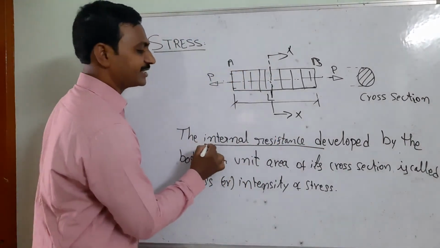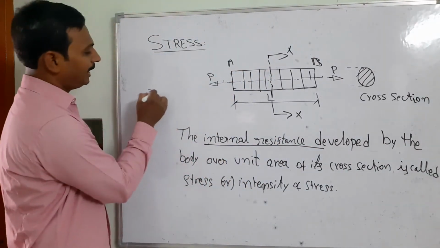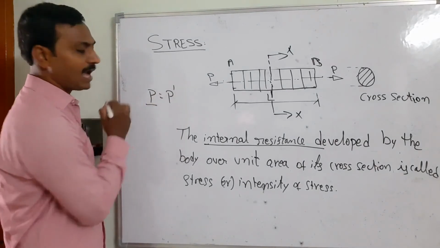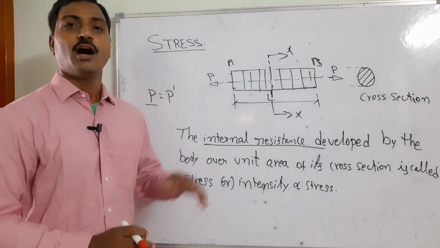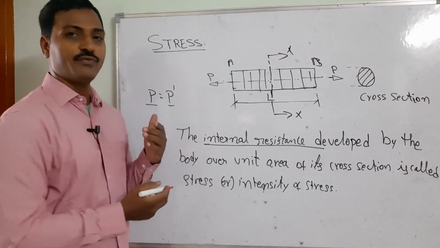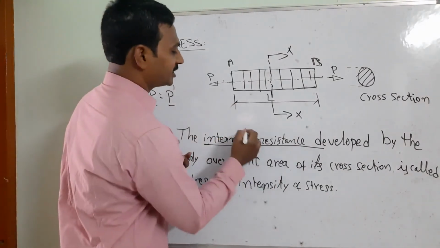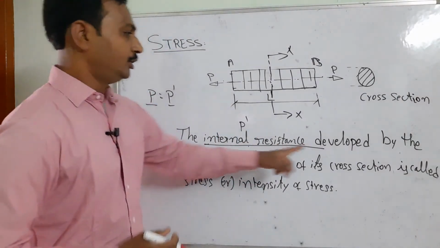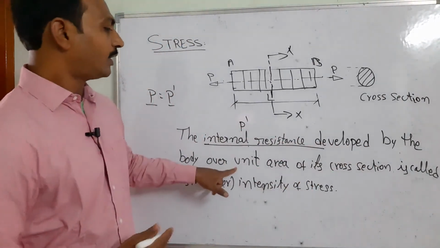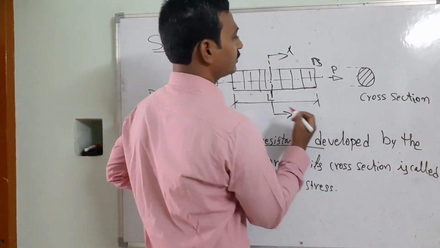What is the internal resistance here? That is P equal to P dash. I gave the notation P for the applied load, and P dash for the internal resistance in our explanation. That is your internal resistance force, P dash, developed by the body over unit area.